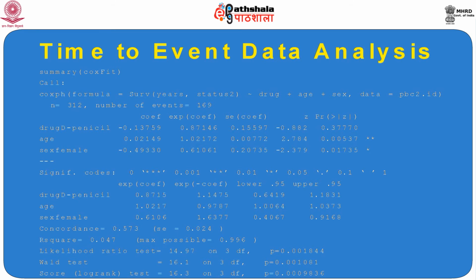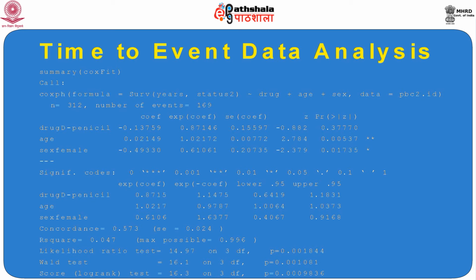Now the same results can be obtained with the lower and upper confidence intervals. For drug D-penicillin the 95% lower confidence interval comes as 0.64 and the upper confidence interval is 1.18. For age it is 1.0064 to 1.0373, and for female it is 0.4067 to 0.9168.